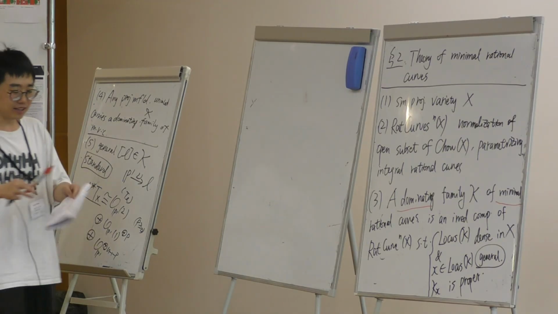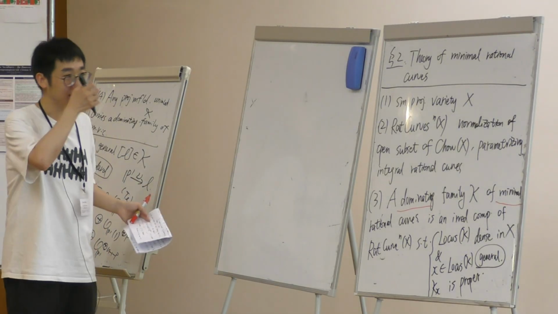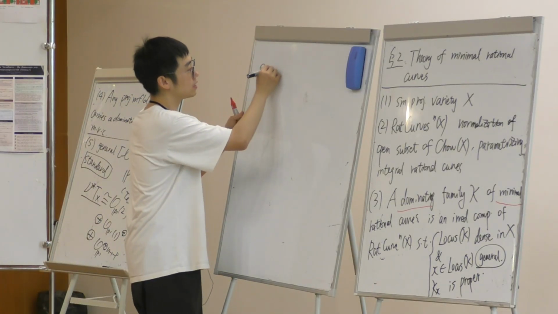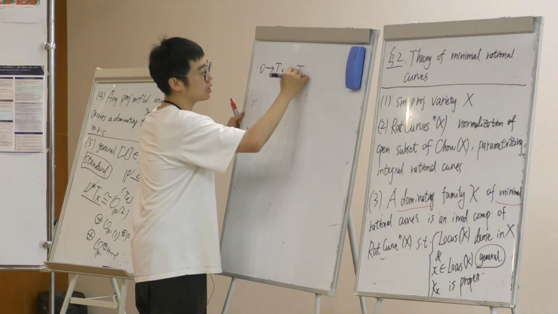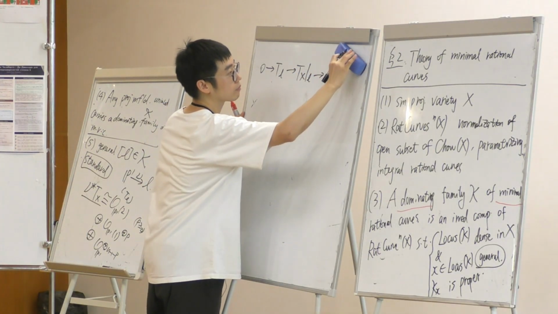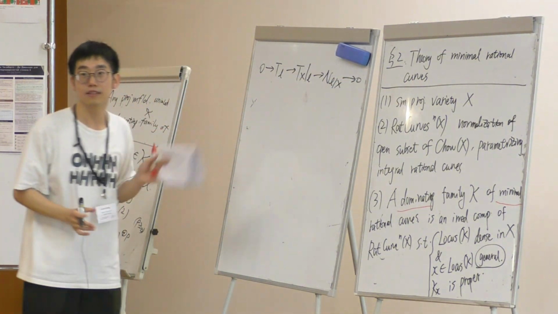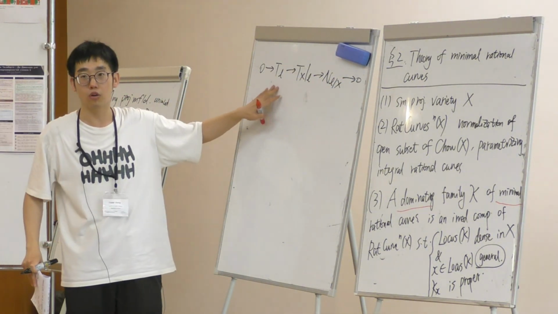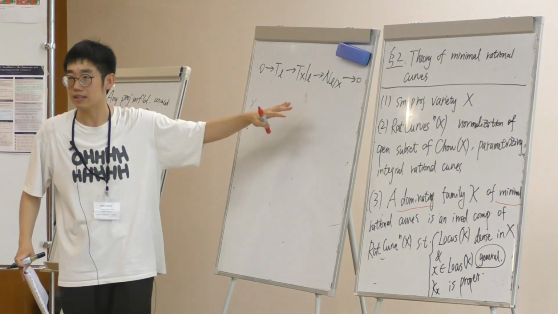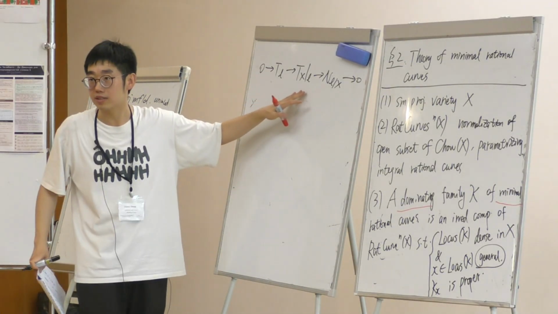I can give you another way of understanding this sequence. If you just consider the usual normal bundle sequence, this is the restriction of the tangent bundle, and this is the normal bundle. This is the standard sequence if we assume L is smooth.